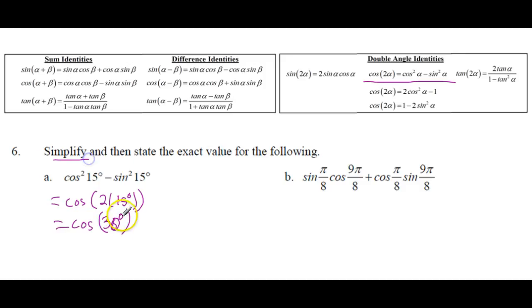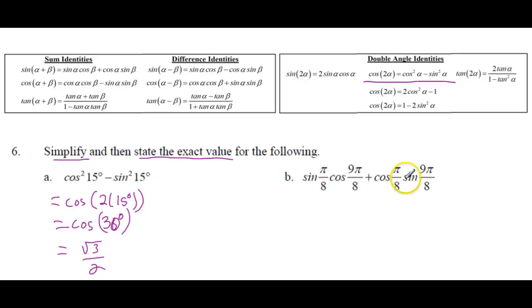So if you see the words state exact value, you know you're dealing with one of the exact values. And the cosine of 30 degrees is root 3 over 2.